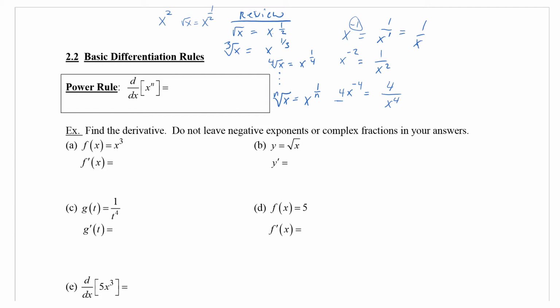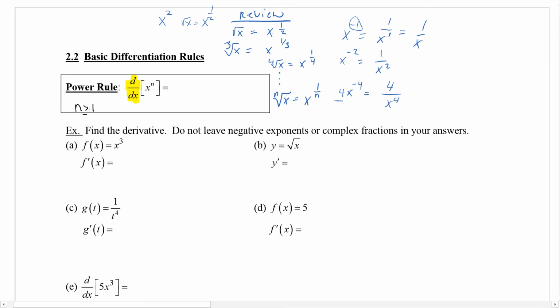Now let me go ahead and talk about the derivative rules that we're going to be discussing today. So there's a shortcut to find the derivative of functions. And one of the shortcuts is the power rule. The power rule says that anytime I want to take the derivative, this d dx means the derivative with respect to x, of a term x raised to the nth power, where n can be any positive integer, where n can be greater than or equal to 1.